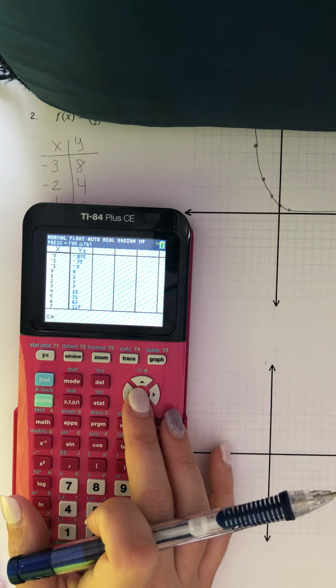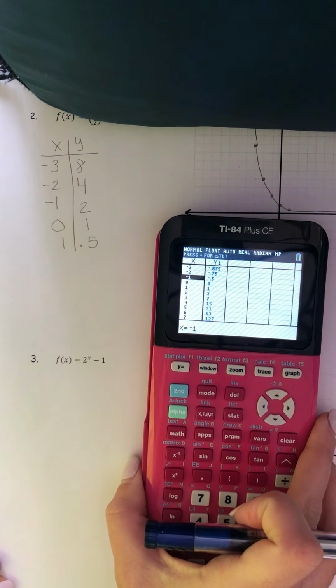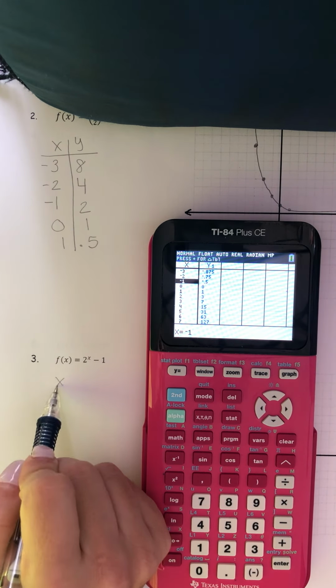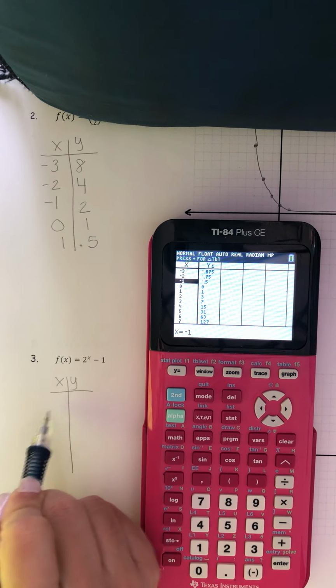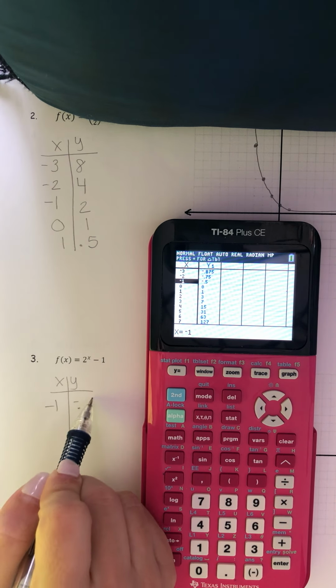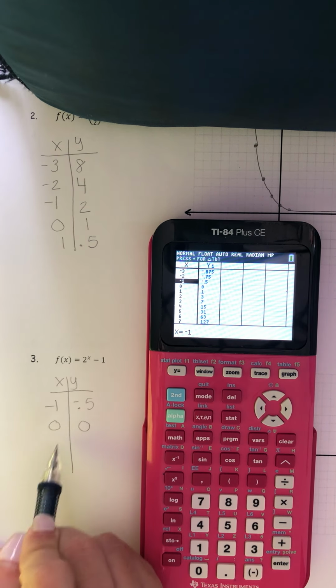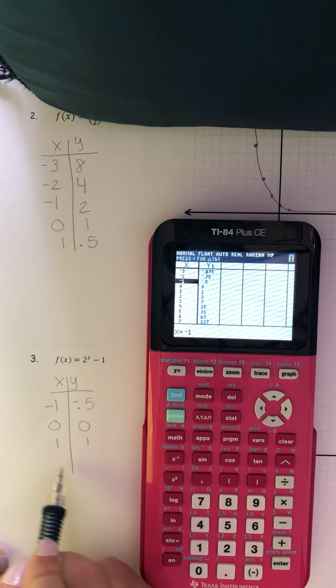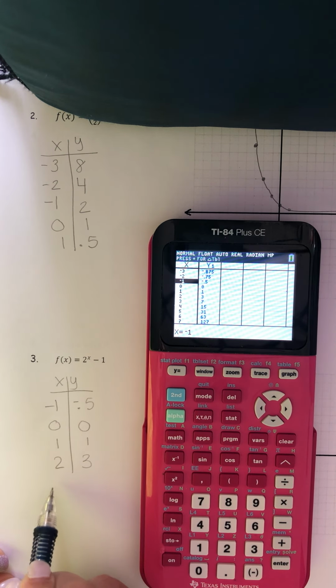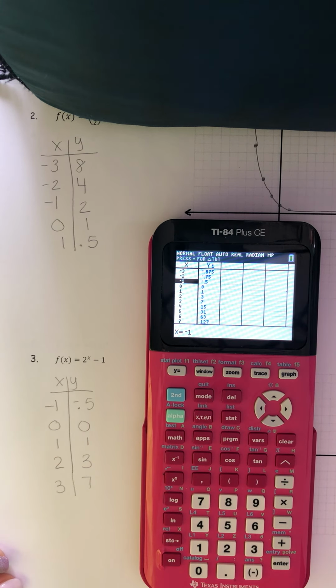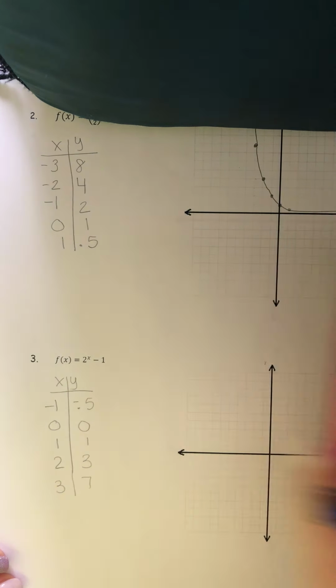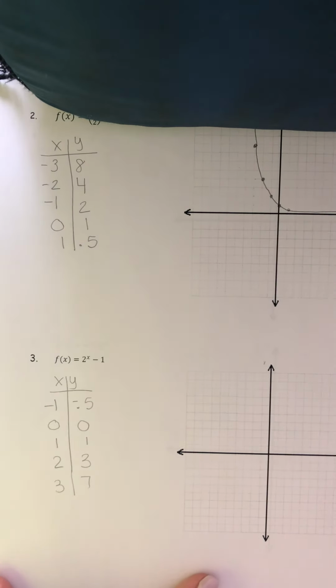0.75 is going to be hard to graph. So again, we'll go down to that -0.5. So x, y, -1, -0.5, 0, 0, 1, 1, 2, 3, and 3, 7. I'm not going to go any higher because we won't see it in a 10 by 10 graph. Move my calculator.